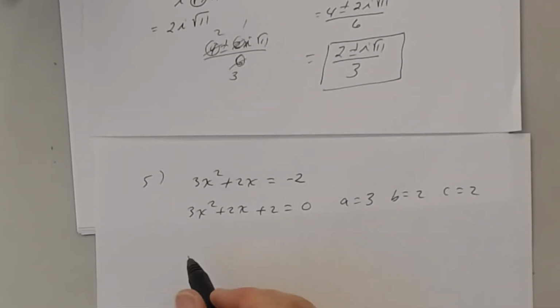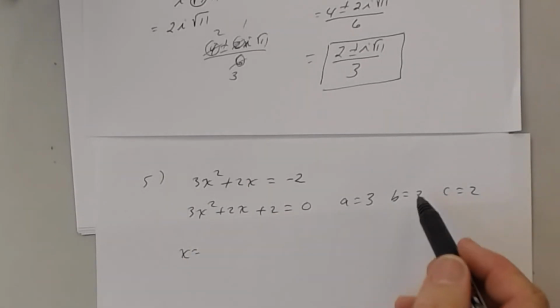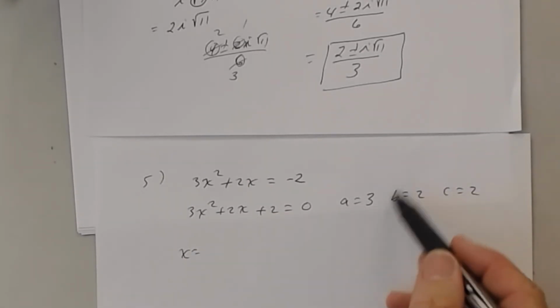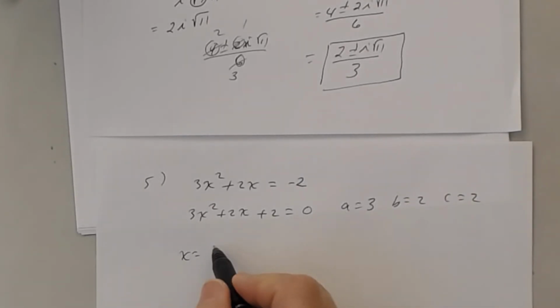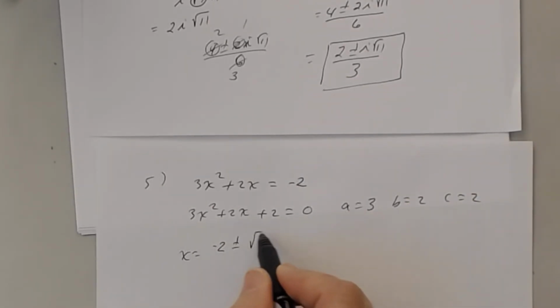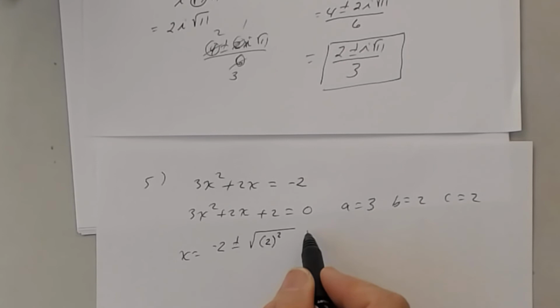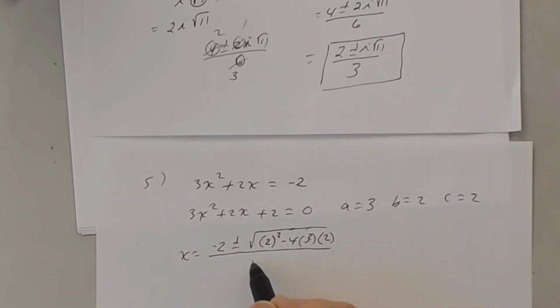So you substitute into your formula, so I get x equals the opposite of b. If b is 2, what's the opposite of that? Negative 2, plus or minus the square root of b squared, and what's b? 2. I'm squaring it, right? Minus 4 times a, which is 3, and c is 2, all divided by 2 times what number? 3, because 2 times a, and a is 3.